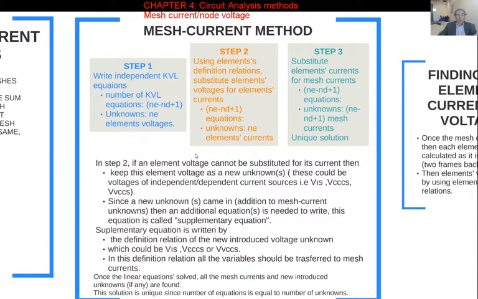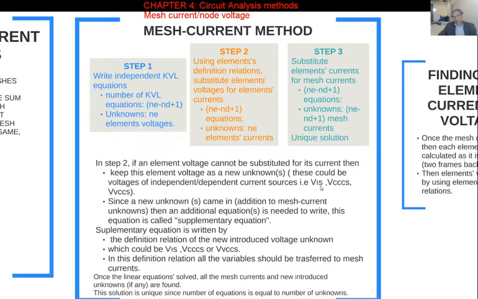So if the element voltages that we have seen in step 2 include these elements, then I cannot use the definition relation of these elements to transfer these voltages to currents. Why is that? Because the voltage is not included in their definition relation. For example, the independent current source definition relation is that the current equals a given function.